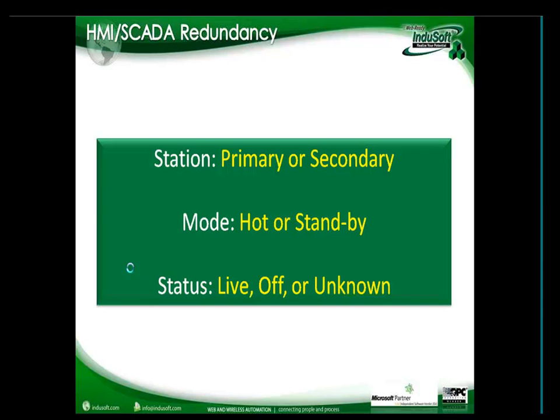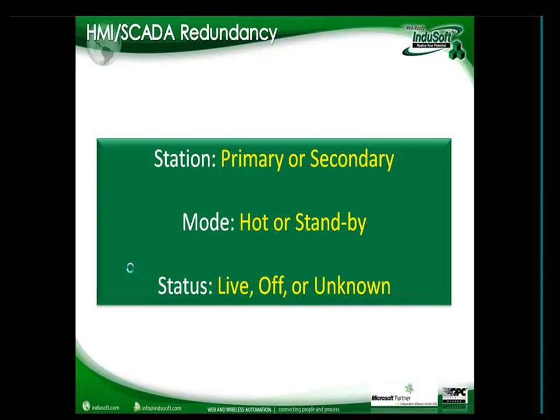During the runtime, only one station is the hot, and the other one will be the standby if it is still running. The hot station is the one communicating with the PLCs, saving data to the history databases, and the standby station receives tag values from the hot station by exception.